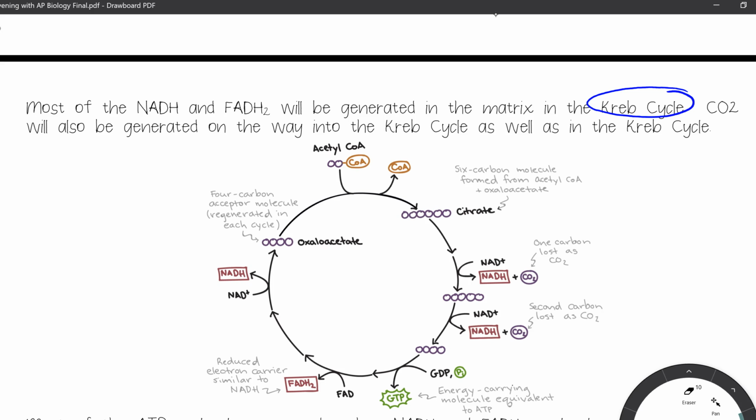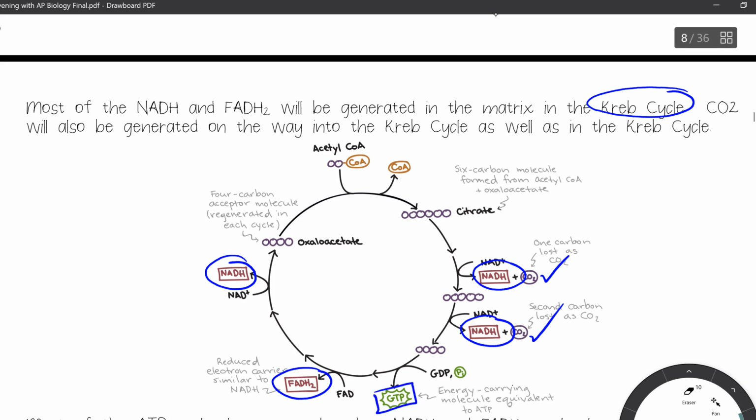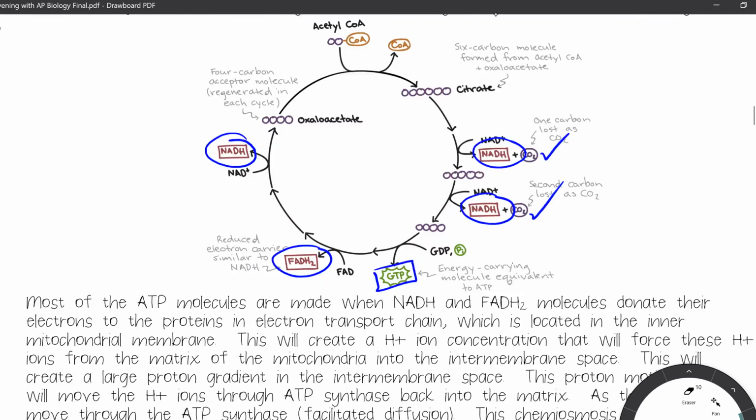Just know that NADH is being produced in several places. FADH2 is being produced, and you are, along the way, releasing CO2. You're also producing GTP, or another energy carrying equivalent to ATP, here also in the Krebs cycle.